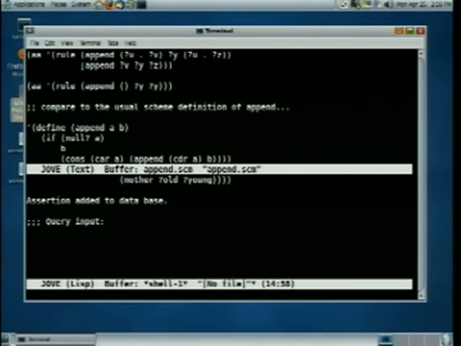And then we evaluate the body of the rule, which is this recursive invocation of the same rule.